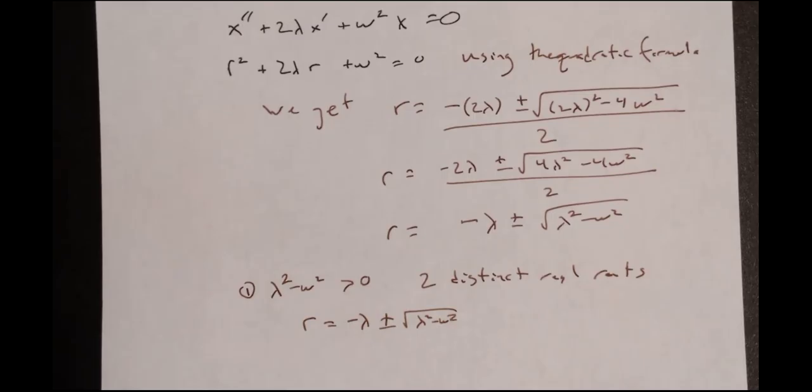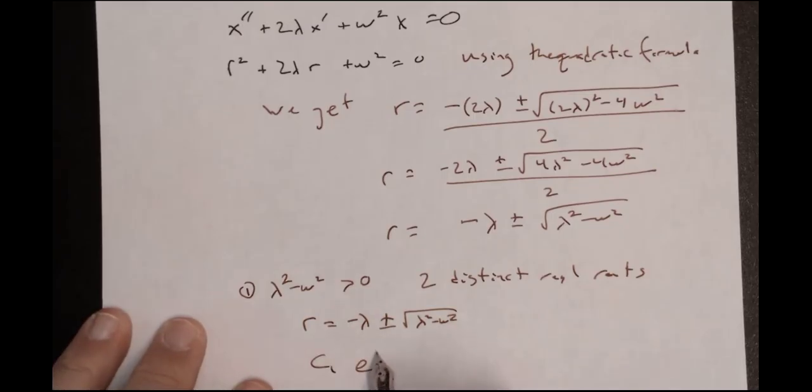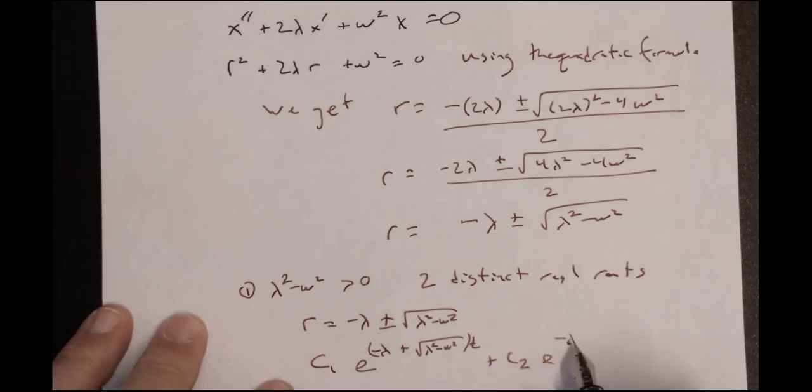So I get C1 e to the negative lambda plus this square root stuff t plus C2 e to the negative lambda minus this square root t.